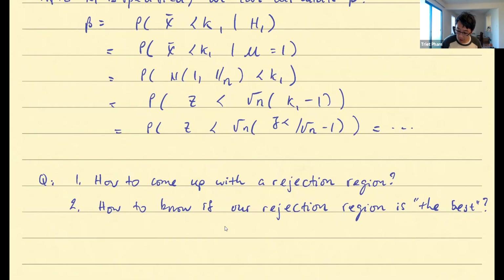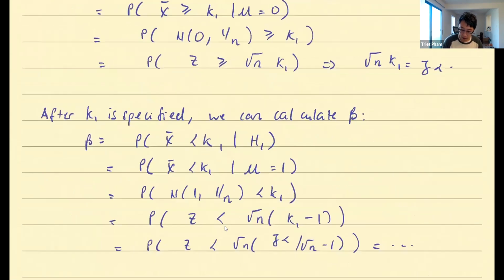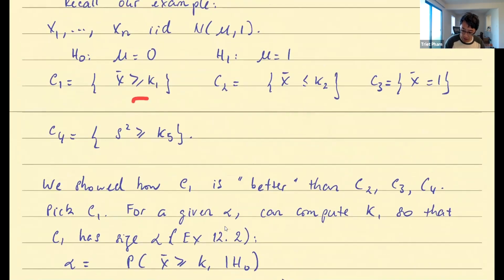So same thing here. You can see that these are some rejection regions that I came up with by my imagination, more or less. And exactly because it's my imagination, some of them don't make sense. So we spent some time analyzing how they make sense and how they don't.